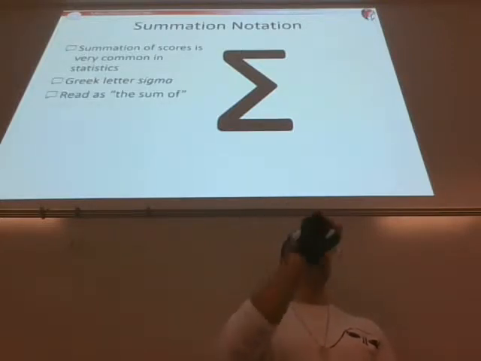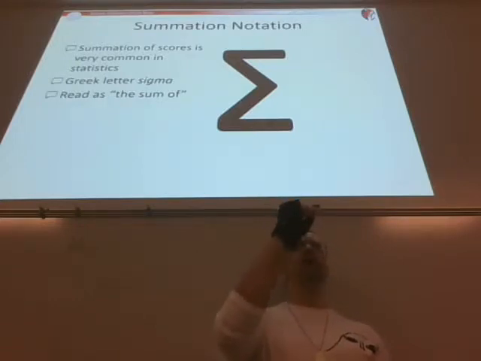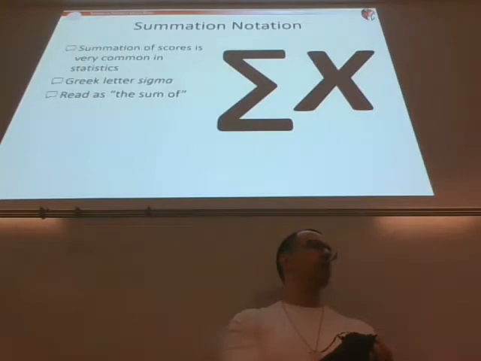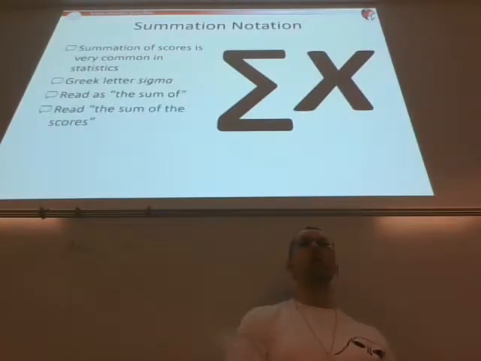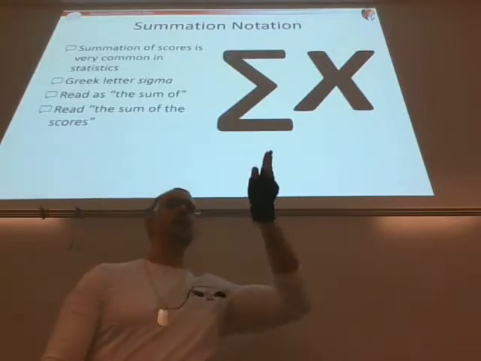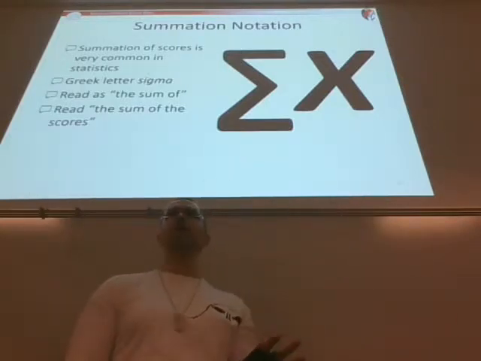So when you're going through your pre-test and you see that question and it says, what is sigma x? Do not read that as sigma x. Read that as the sum of, and then for x, read that as the scores. So when you see these two notations here, read that as the sum of the scores every single time you come into contact with it.